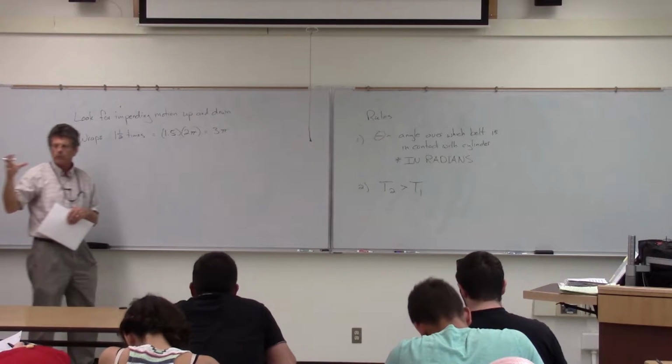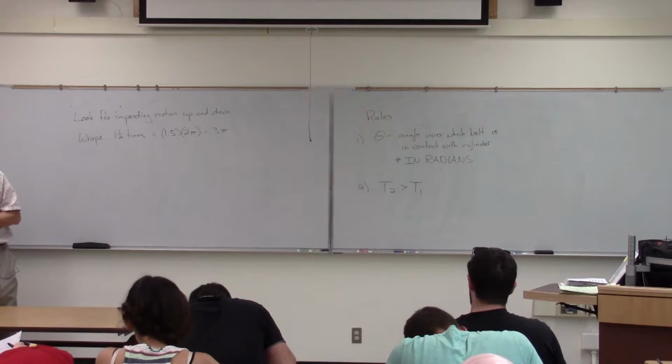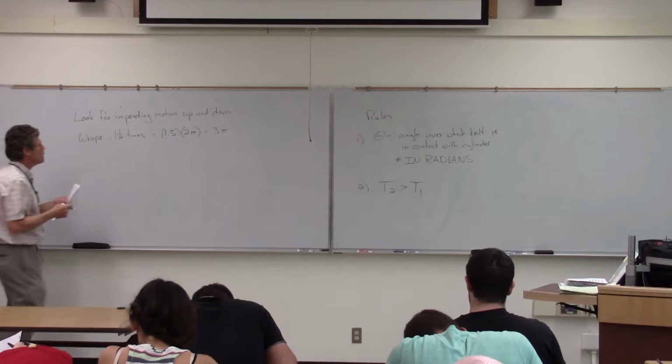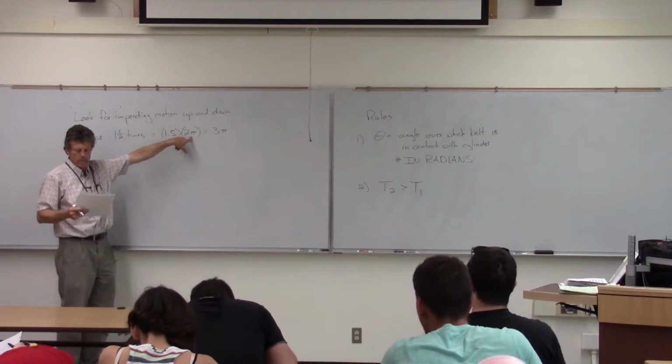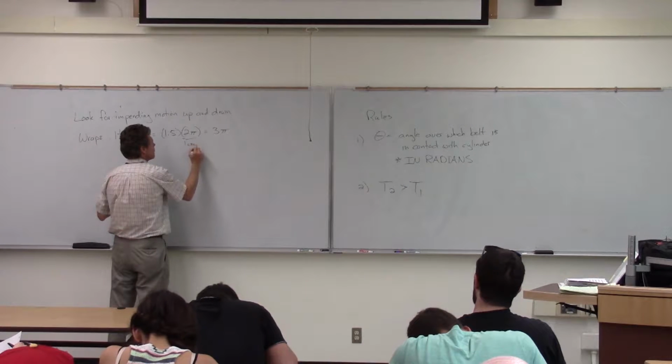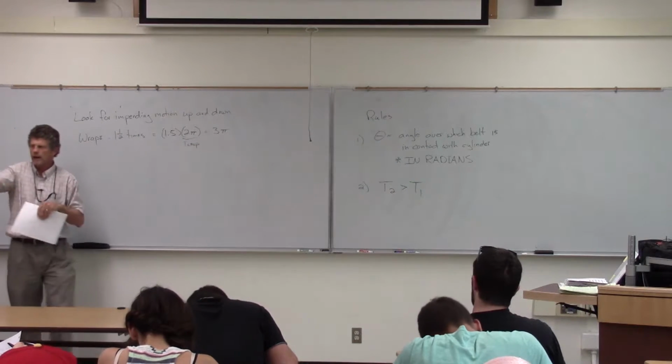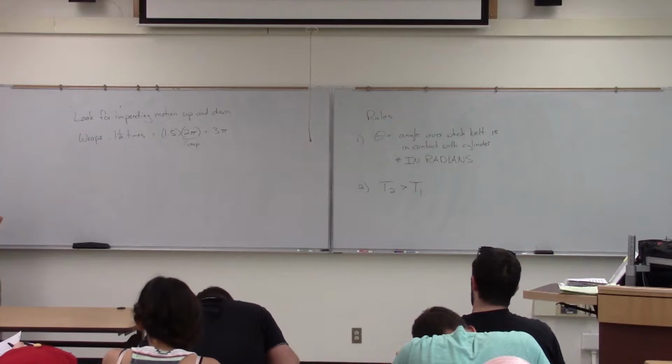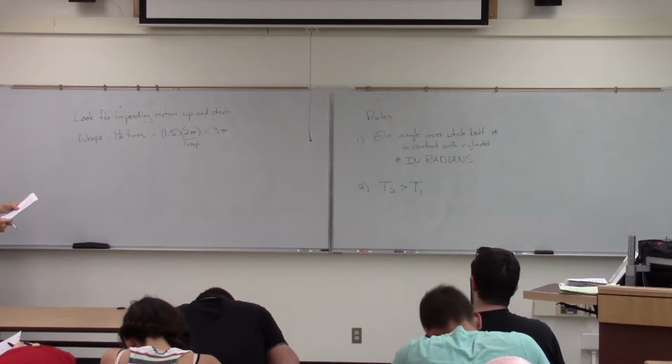We've got to get the wrap into radians. We can't be using degrees here. One complete wrap is going to be 2 pi. So that's one wrap around the pole. And then I'm going to do it 1.5 times. So I simply multiply 1.5 times that, which will be 3 pi.